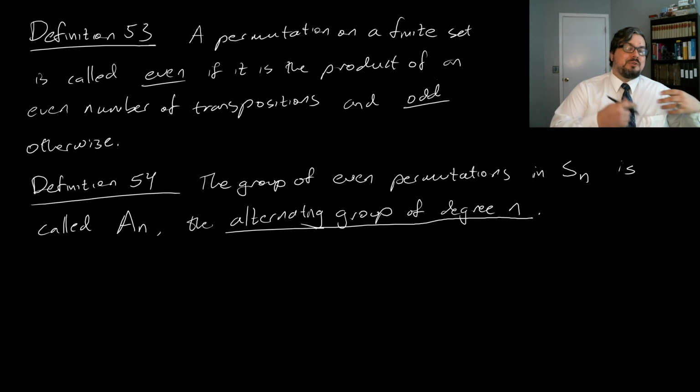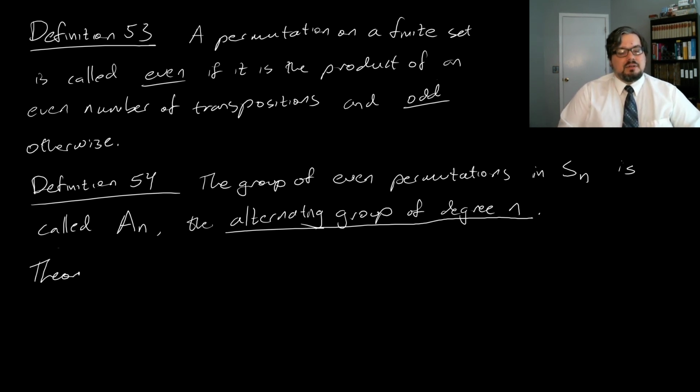So we already showed that the identity is an even permutation, because any description of it using transpositions has to have an even number of them. And so showing that it's closed under inverses and multiplication is not too difficult, but the An is in fact a subgroup of Sn.